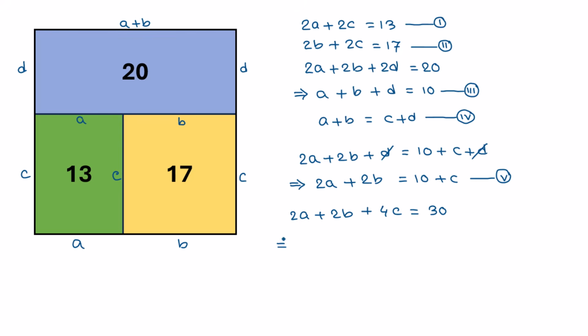We have twice A plus twice B is equal to 10 plus C from equation 5.